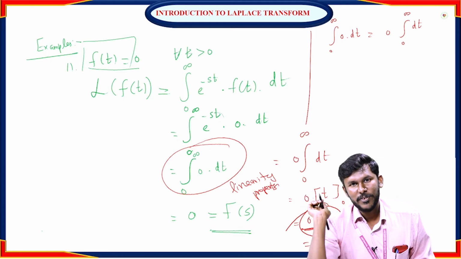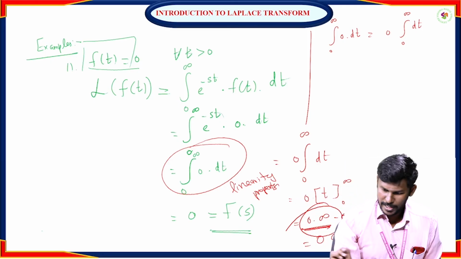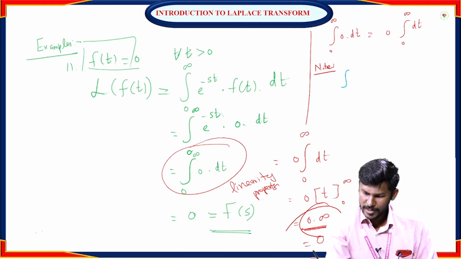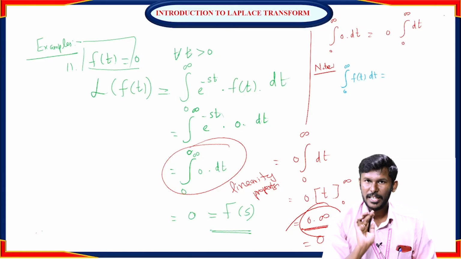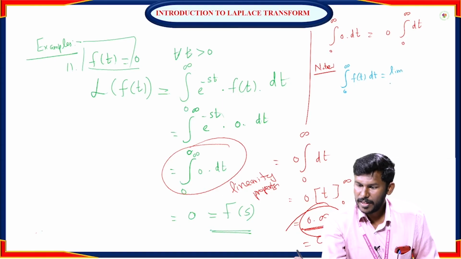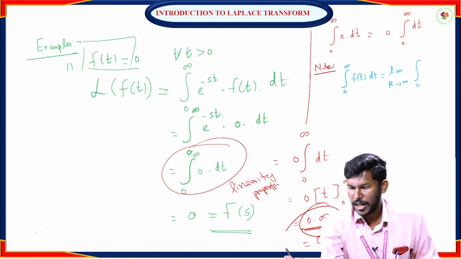In this step, whenever the limit is infinity, we have to be very careful, please note that. For any function with an infinite limit involving f of t dt, what is the definition of the integral? It is the limit r tending to infinity of the integral from 0 to r of f of t dt.